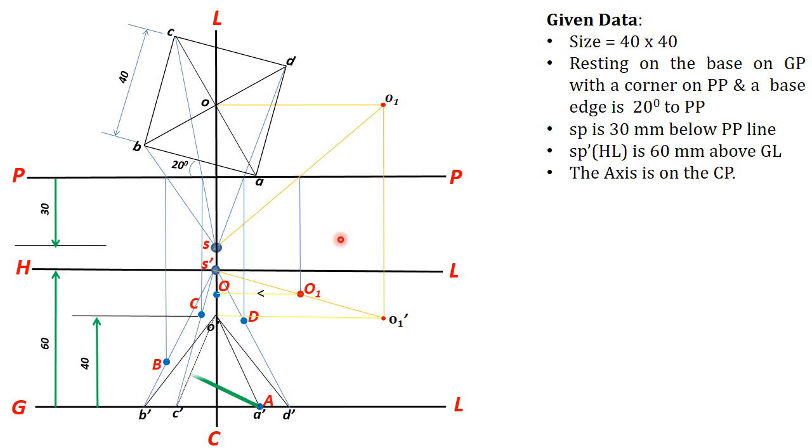Now apply the rules. Okay, first draw all the boundary lines with the visible edges, then find a point which is visible or invisible, okay, by viewing from the station points front view and top view. Here you can see the line CD, the edge CD is far away from the station points top view, so this CD will be invisible.